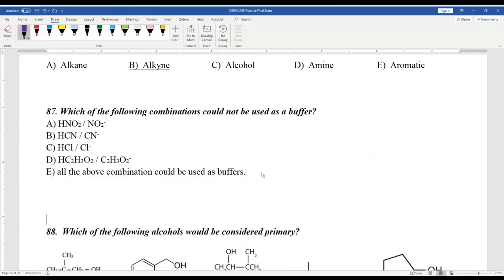For something to be a buffer, it has to be composed of a weak acid and a weak conjugate base.